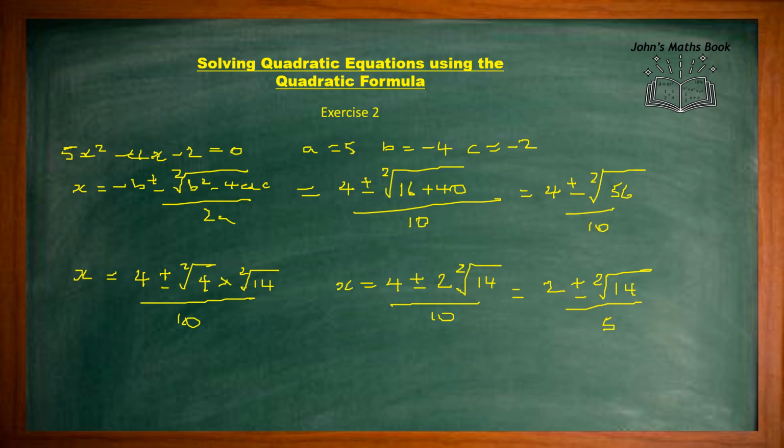So now we have our two values of x. So x is equal to 2 plus square root of 14 divided by 5, and x is equal to 2 minus square root 14 divided by 5.